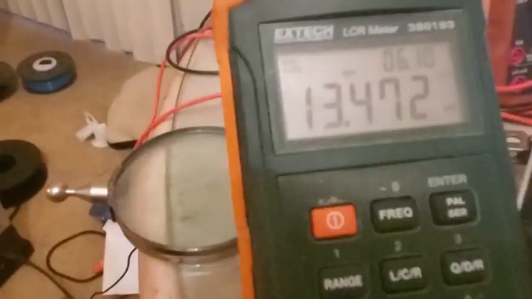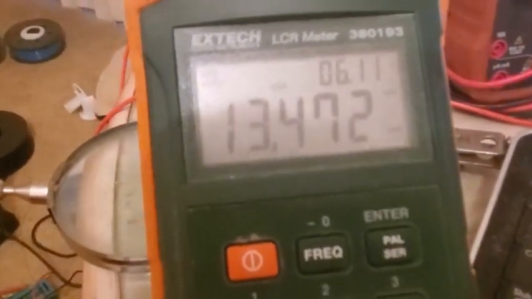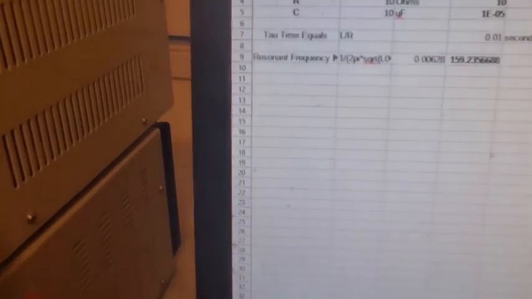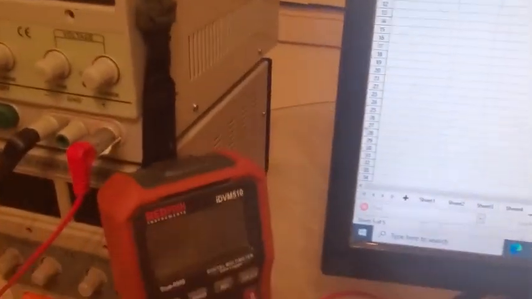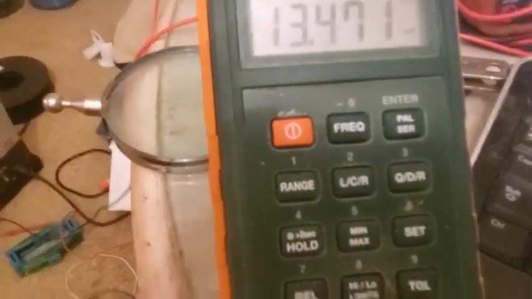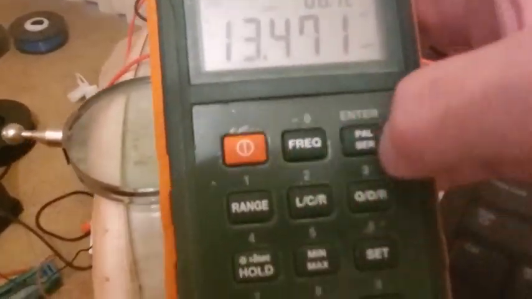I just took this random coil and we're measuring the inductance there. And it's saying that it's 13.47 millihenries. So I've set up this spreadsheet, 13.47. We put that in. Now we need the resistance. Okay, phone doesn't want to shut down.